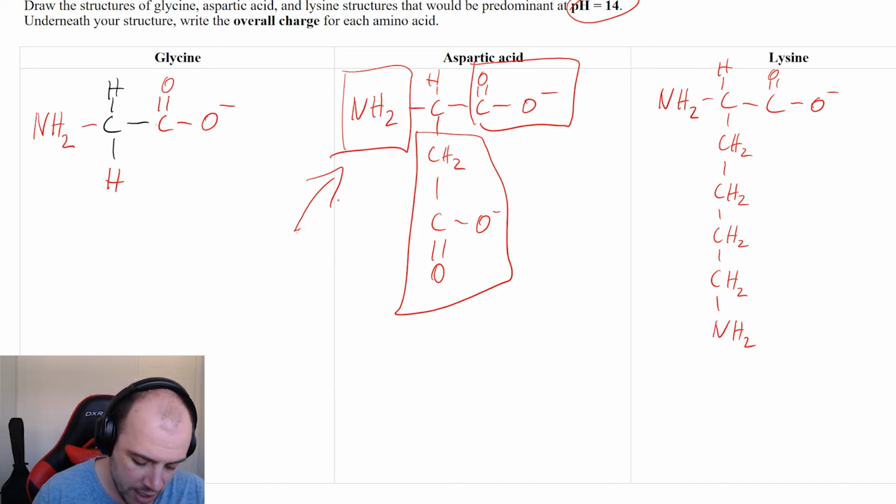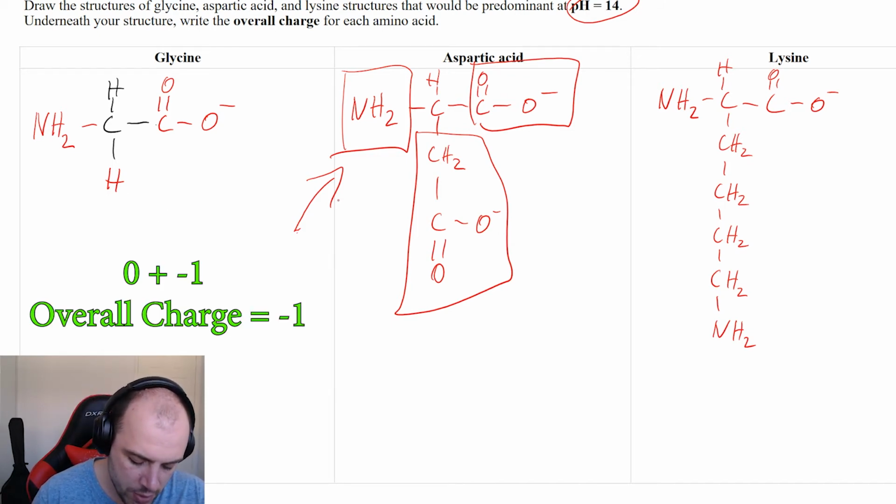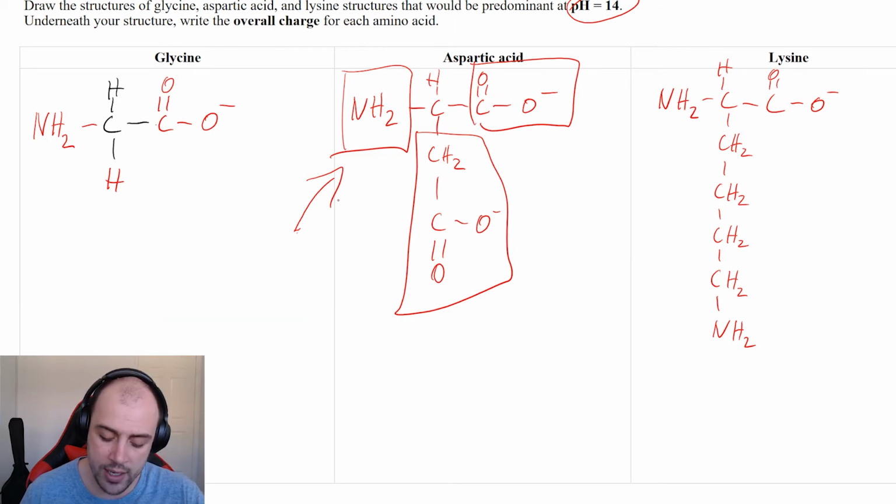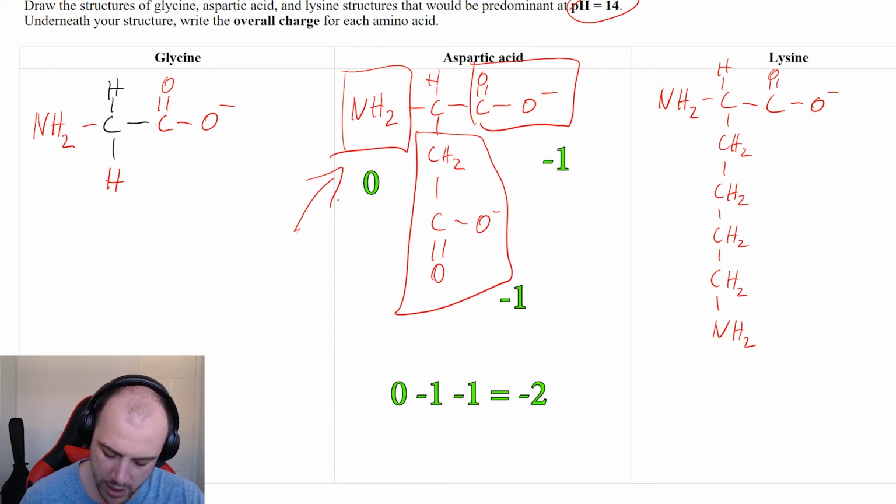So that means that the overall charge is 0 minus 1, which is going to be -1. Looking at aspartic acid, we've got our quaternary ammonium group that is going to be neutral in charge. Our carboxylic acid is going to be -1, and the R group is also going to be -1. So 0 minus 1 minus 1 is going to be -2.